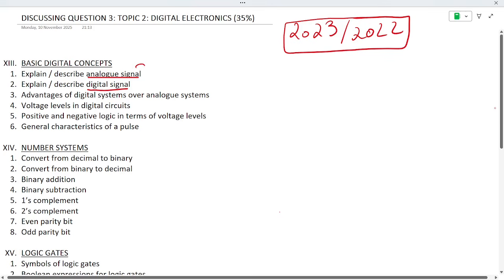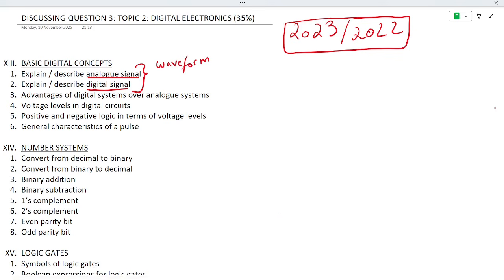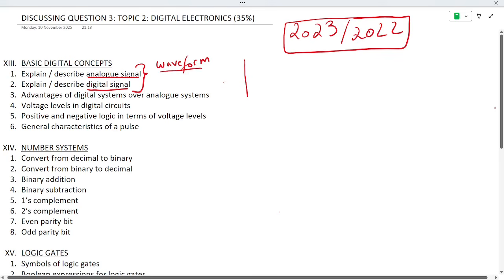When you are studying, don't forget that sometimes the examiner would ask you to establish the difference between an analog signal and a digital signal. Please focus on that, and also focus on the waveform, because sometimes the examiner would ask you to represent, making use of a waveform, a digital signal and an analog signal.